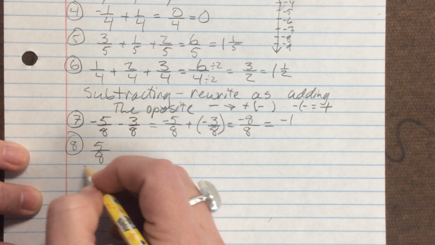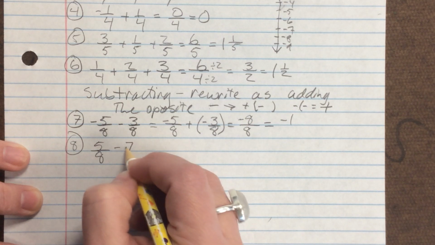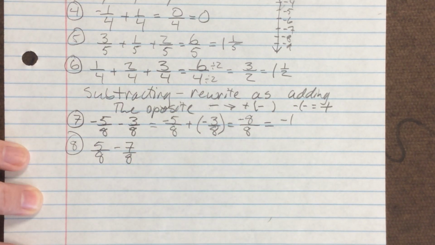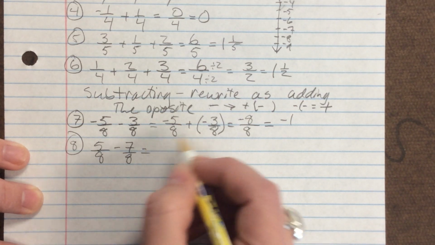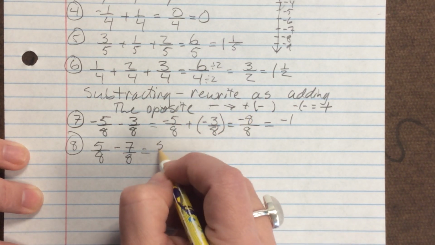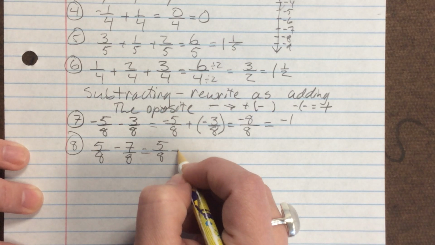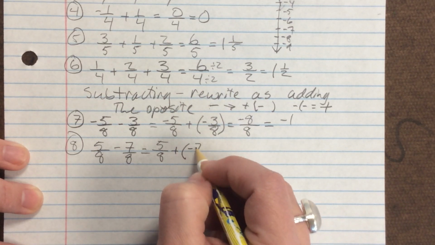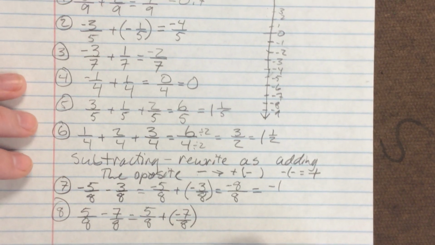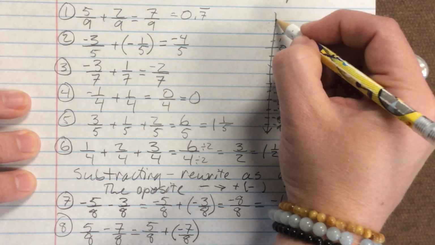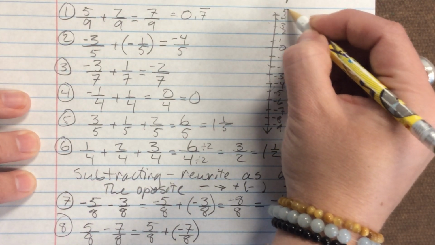5/8. Apparently we're having fun with 8s right now. Minus 7/8. Okay, so again, if we rewrite it, this would be 5/8 plus -7/8. Okay, we'll go to the number line if you like counting it on the number line.